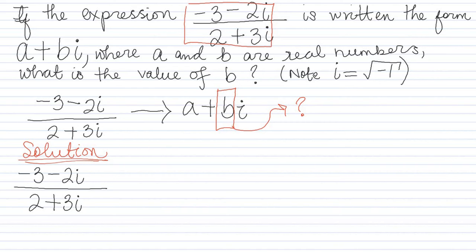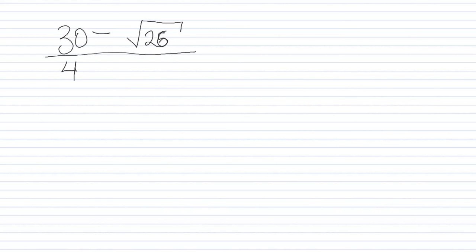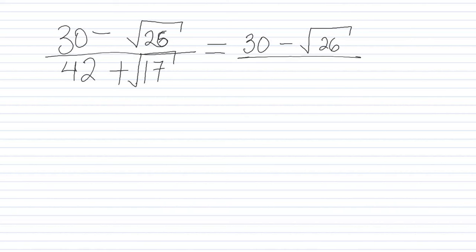What you have to do is pretend that you're dealing with radicals. For example, if you were given the question 30 minus the square root of 26, divided by 42 plus the square root of 17, in order to solve this, you have to multiply by the opposite of the denominator, or the conjugate of the denominator.